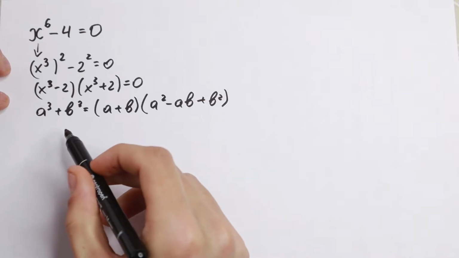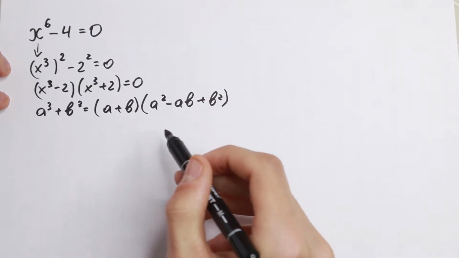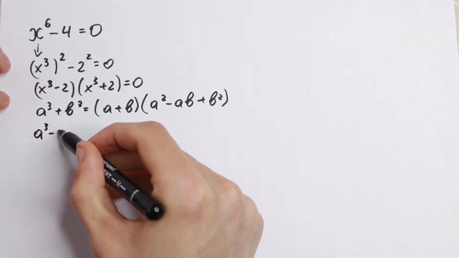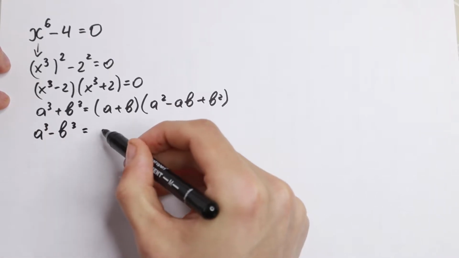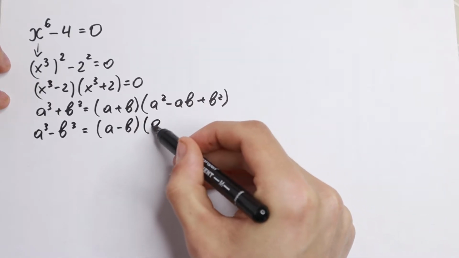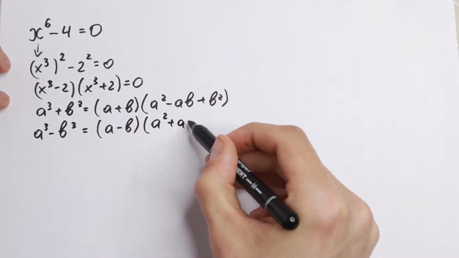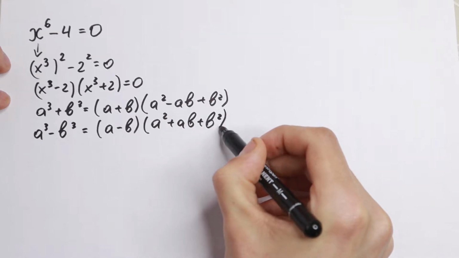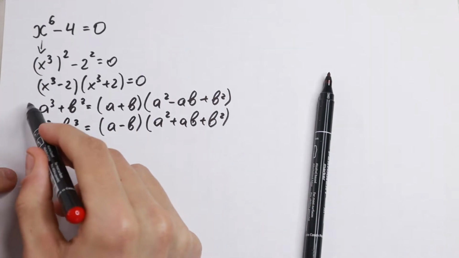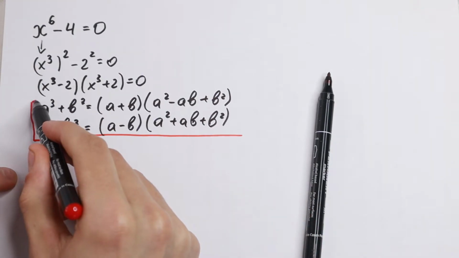So this is the formula for the sum of cubes. And we need to know the formula for the difference of cubes: a cubed minus b cubed. We will have a minus b, and this sign will be different: a squared plus ab plus b squared. So this is the formula that we need right here.